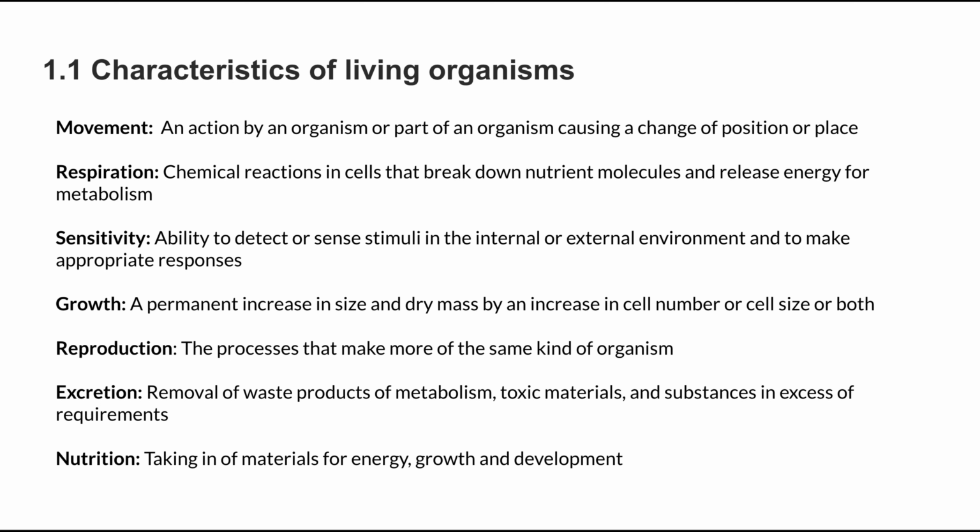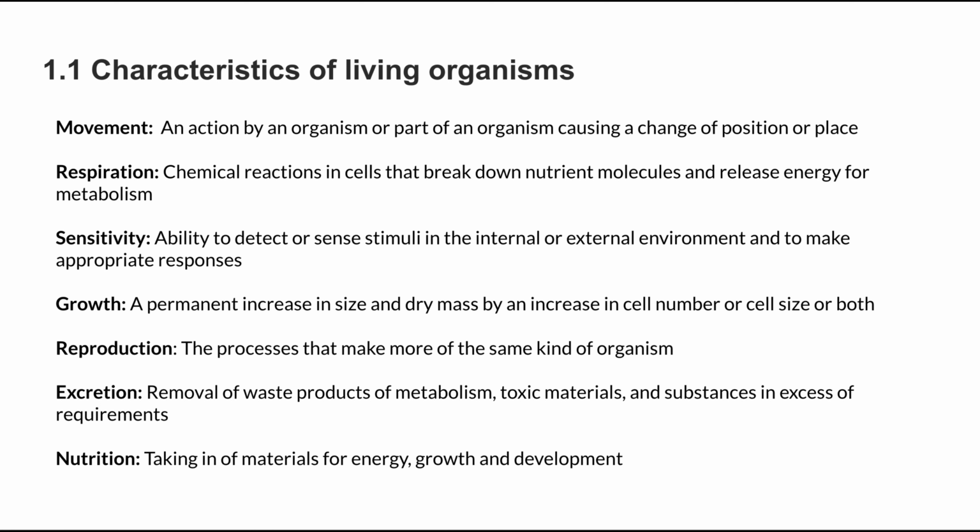Growth is a permanent increase in size and dry mass by an increase in cell number or cell size or both. If you water a plant and the plant grows, that is an example of growth. The important part here is a permanent increase in cell number and cell size, which is done by cell division, which we will cover later, but just remember these definitions. Reproduction is the process that makes more of the same kind of organism.